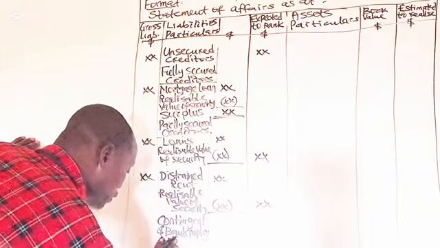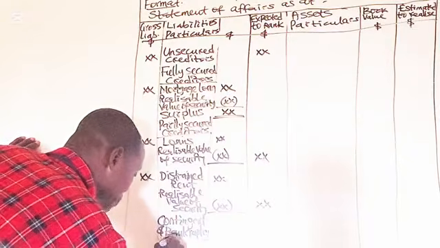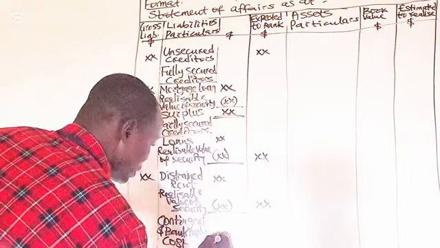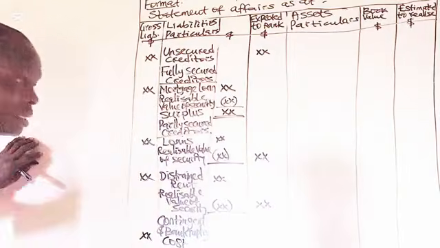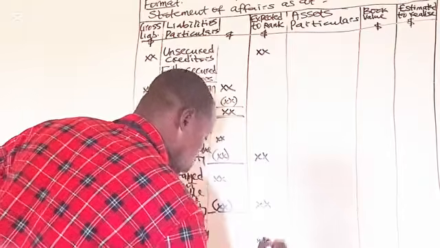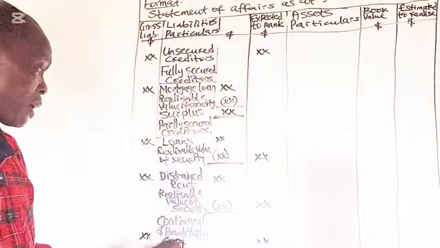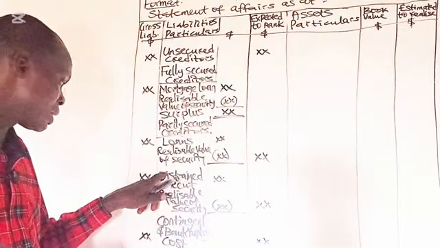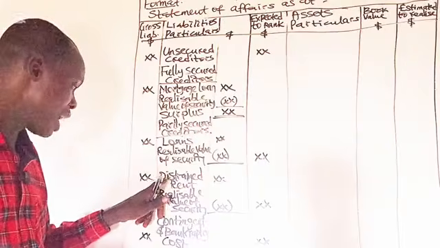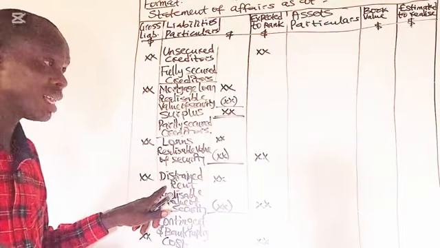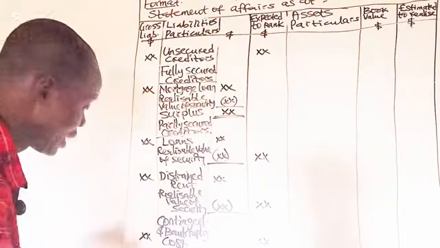So you need to rank it here, pari passu with unsecured creditors. Remember, we are still under M. We have distrained rent, then we also have deferred creditors.